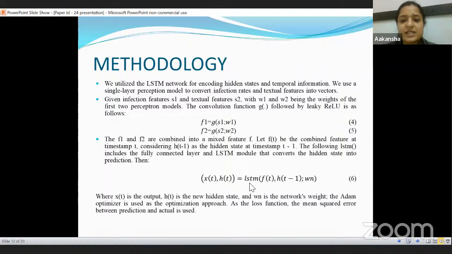So this was the LSTM function containing the fully connected layer, and this is how we were converting the hidden states into the prediction.